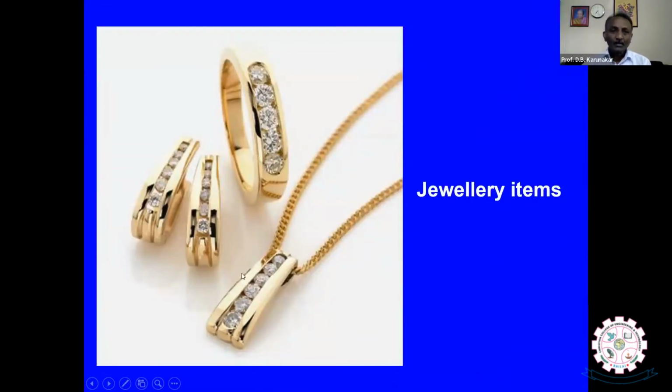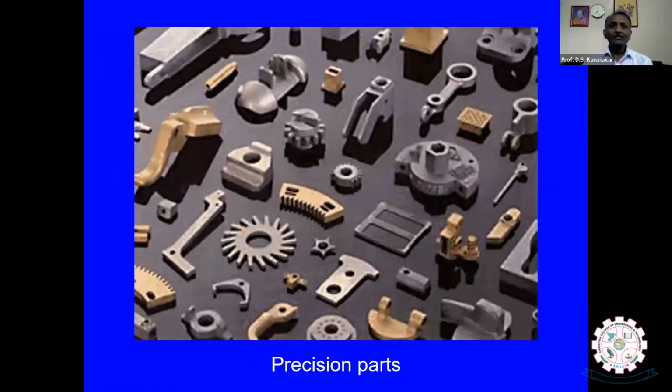These jewelry ornaments are manufactured by investment casting process. Now you see, these are all precision and tiny components, which are very difficult to manufacture using any other process, but using investment casting process, yes, it is possible.